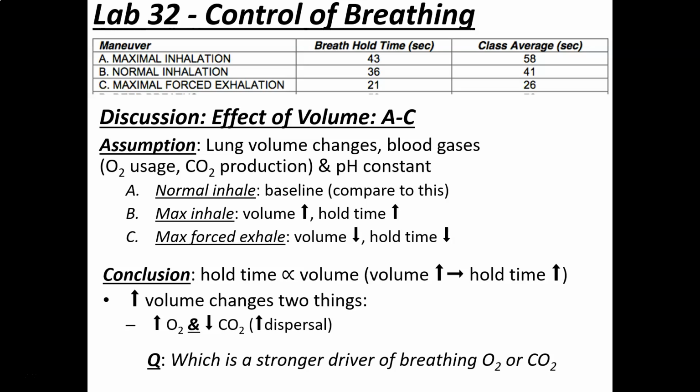Now remember from Labs 25 and 26 that you cannot blow out all the air out of your lungs. You have that residual lung volume there, and it's there for a couple of reasons that we mentioned in 25 and 26. So even though you try to blow out all your air, you're still going to have some left, which is good. And so we'll look at those different conditions and compare them.